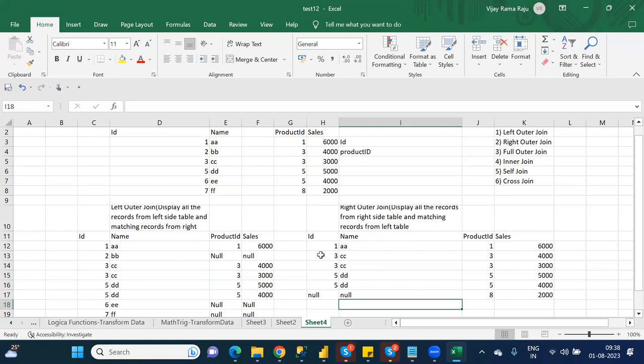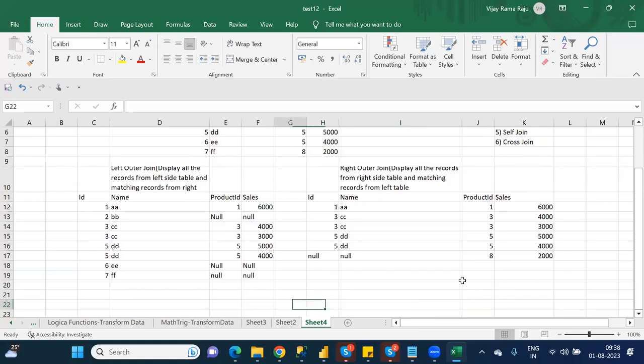Understand clearly or not? Is it clear or not? Only the matching records from the left side table will be displayed. From the right side table, all the records will be displayed. Understand clearly or not? What is the next one?